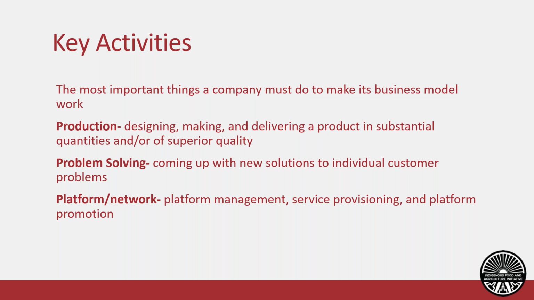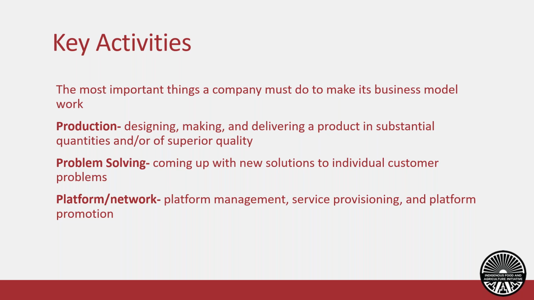You are creating that product. This is under the production line. Problem solving. This is coming up with new solutions for individual customer problems. So maybe you're in the consulting area, or you're helping other people using your mind instead of creating a product. This would be in the problem solving area.